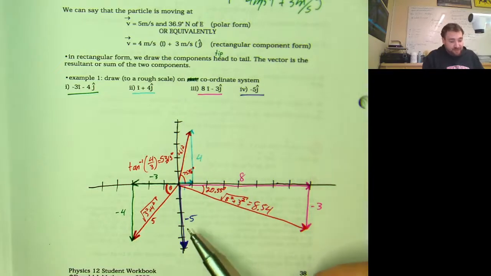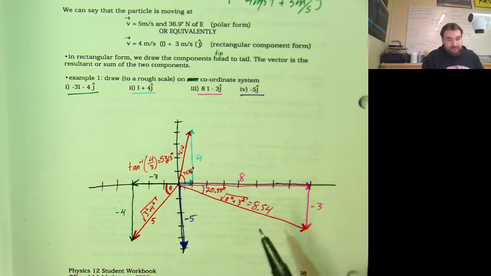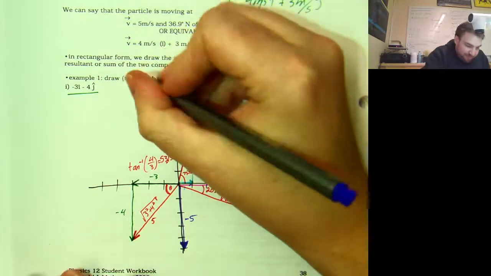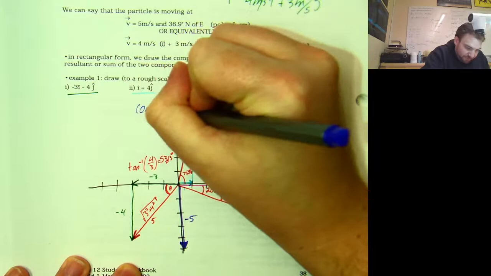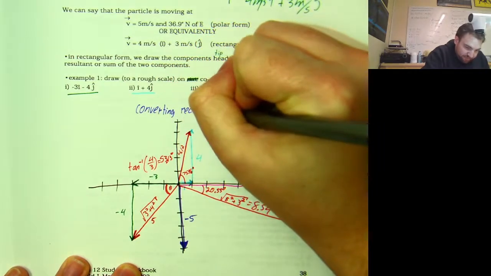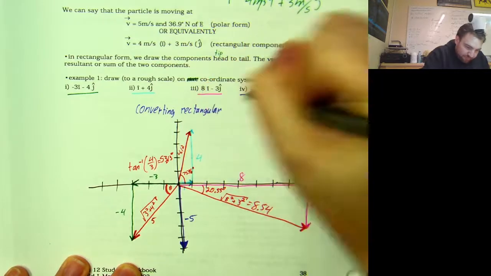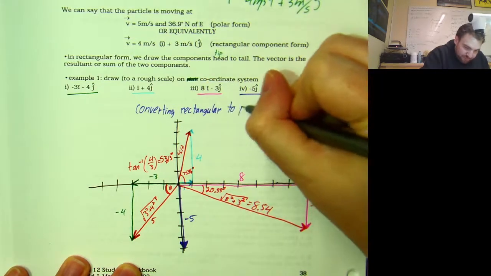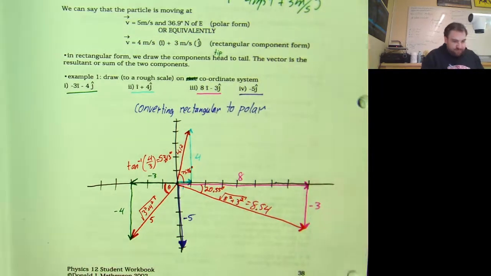So this would just be 5, whatever the units are, south or down, or negative 5 j hat. So this is all just examples of converting rectangular to polar. Hoping relatively straightforward. Flip the page.